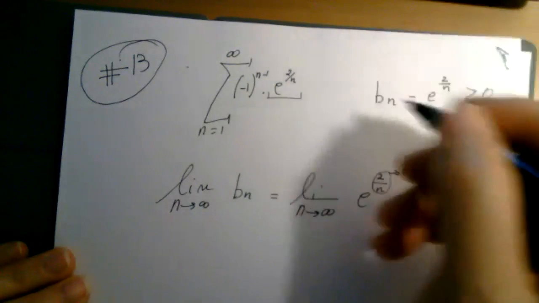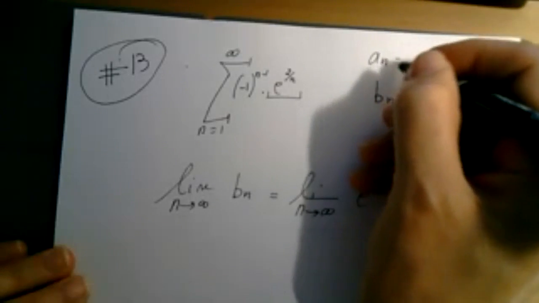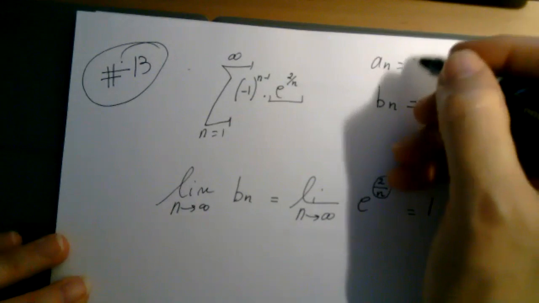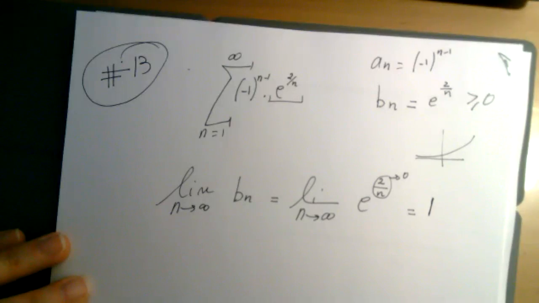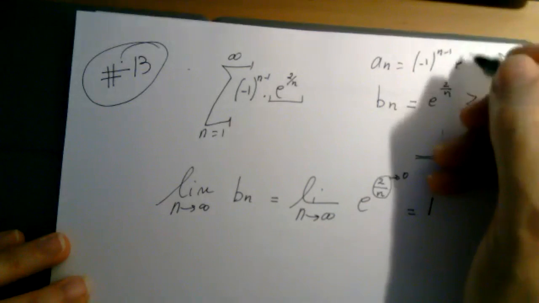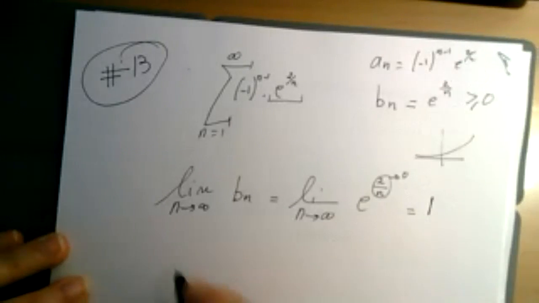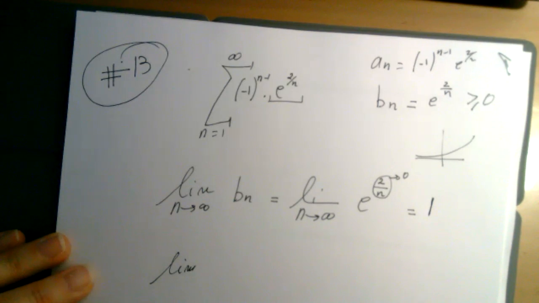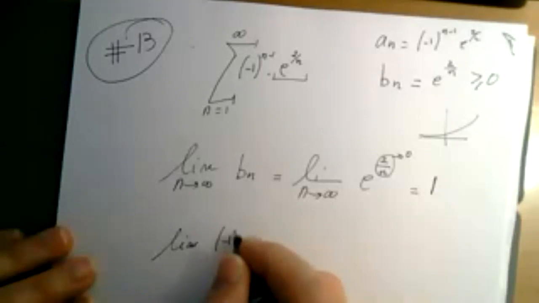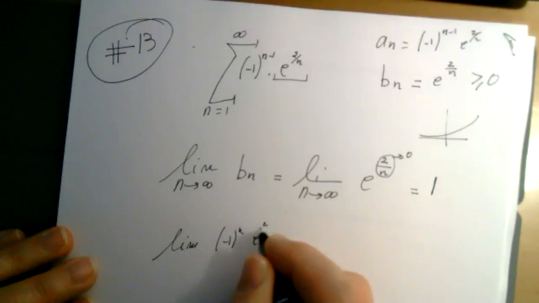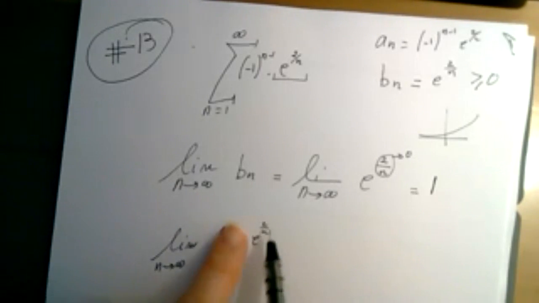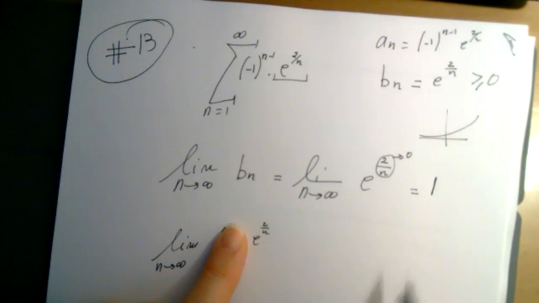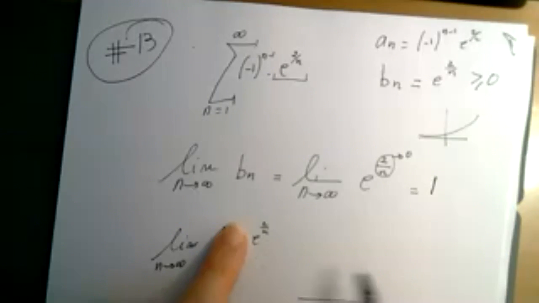So those terms Bn are actually not becoming close to 0 at all. As a rule, when the Bn don't go to 0, the series is going to diverge. When I look at the An themselves, the terms e^(2/n) will become close to 1.